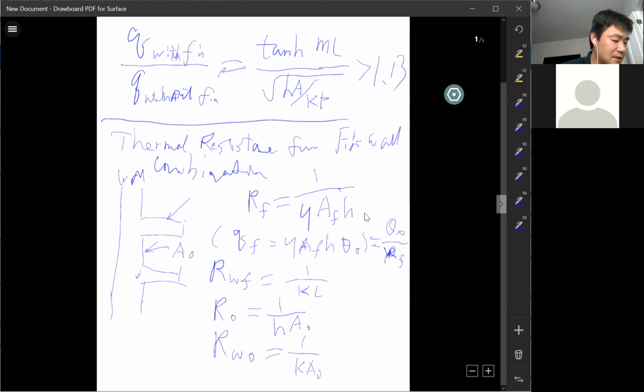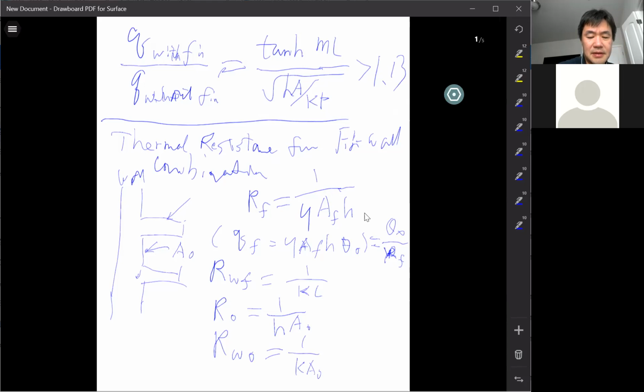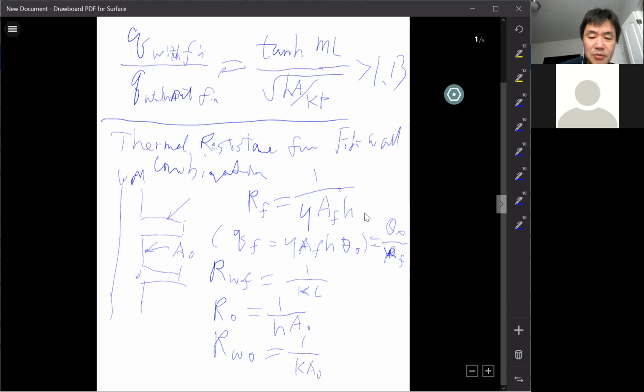Dr. Zhang, for R naught, did you put 1 over H times AB, the area of the base? Or is that AO? Sorry, there's no AB in the drawing, so it's AO, right?